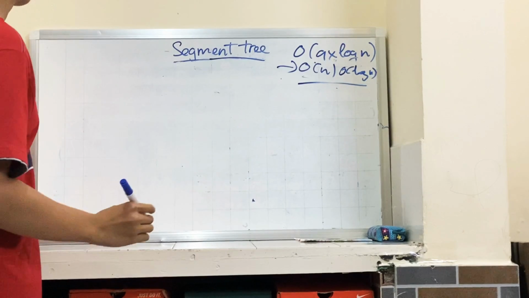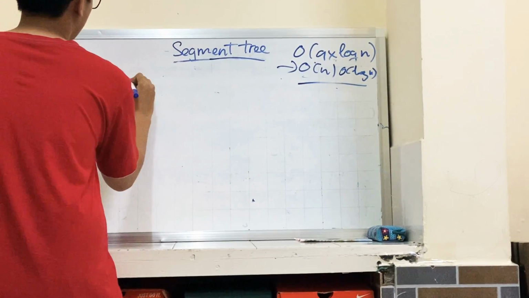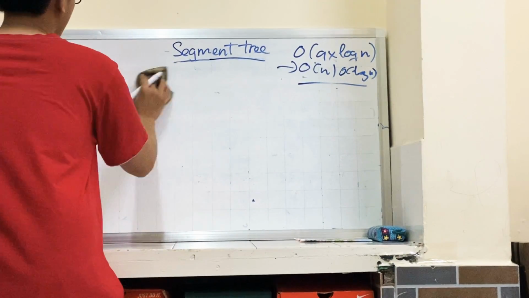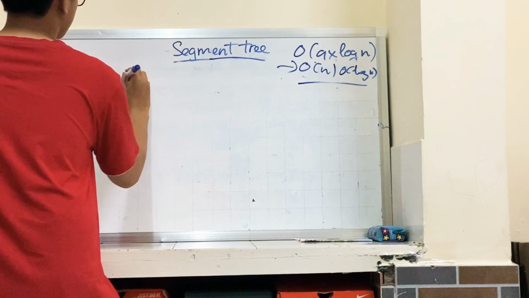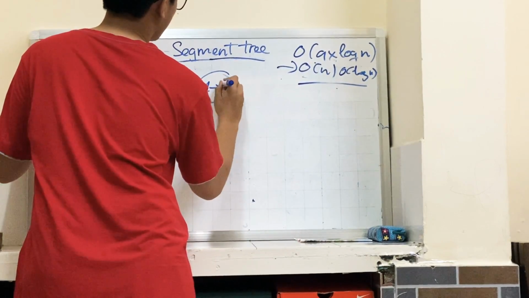For example, we have a segment tree for an array of 5 elements, 1 to 5.